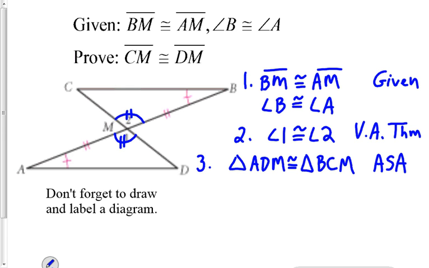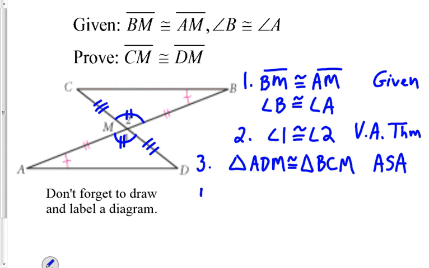Well, now that I know those two triangles are congruent, I now know that all of their corresponding parts are congruent. So CM, which is a side of my top triangle, will have to be congruent to DM, which is a part of my bottom triangle.